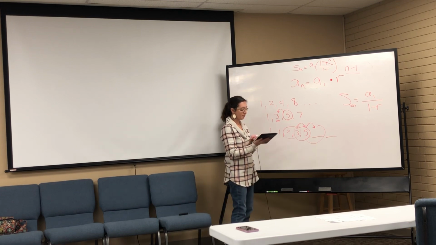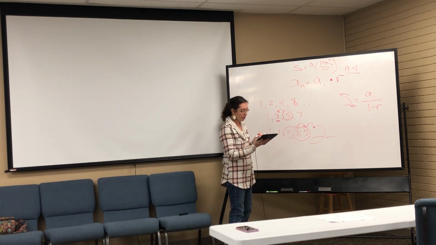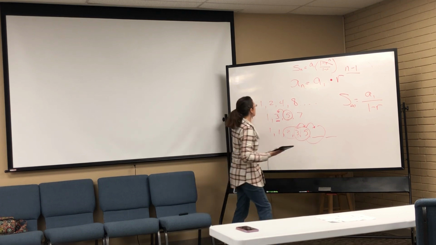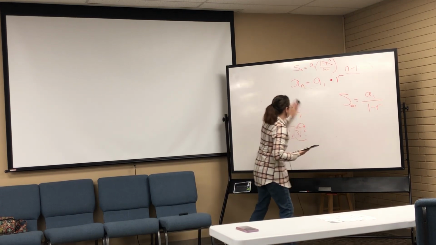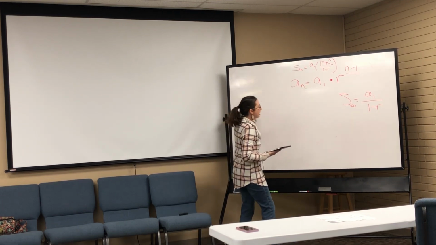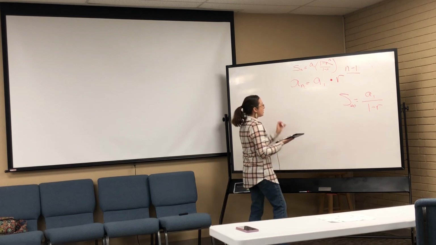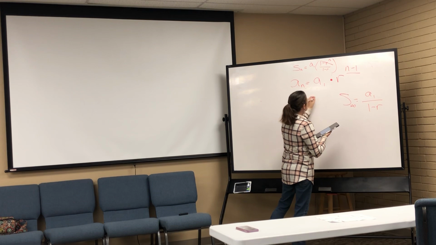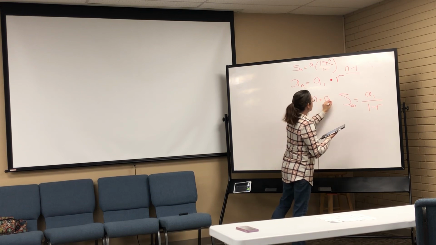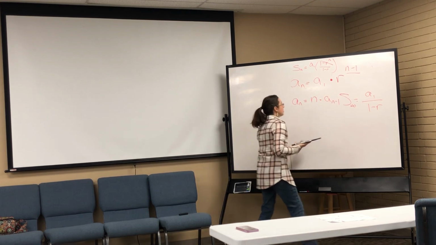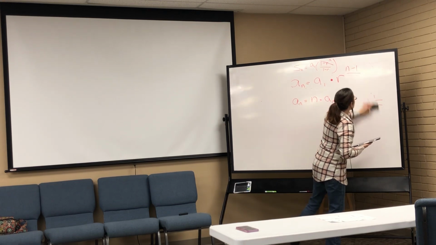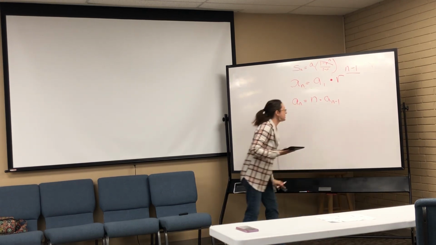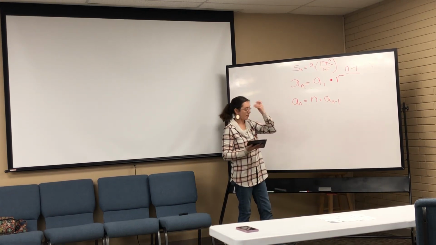Right? So to look at a recursive sequence, there is a formula for a generic one, and we're going to look at how it's different. To find any term in a recursive sequence, we're going to take that term.